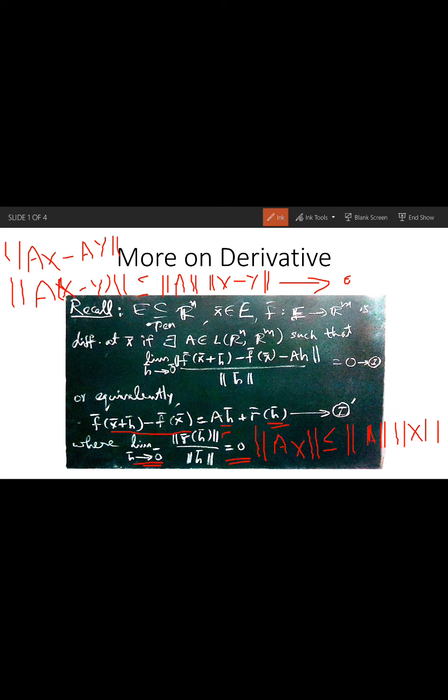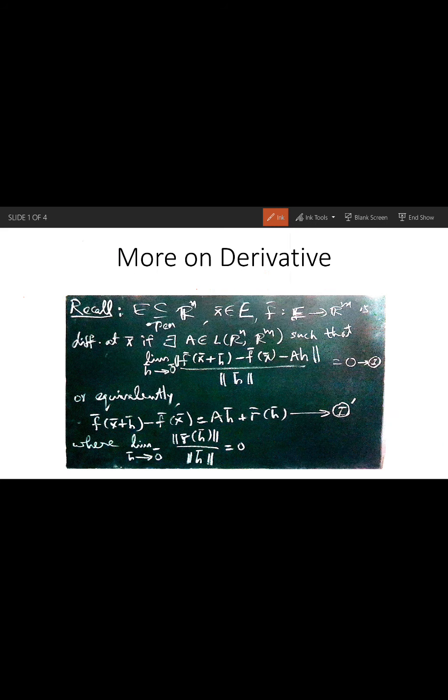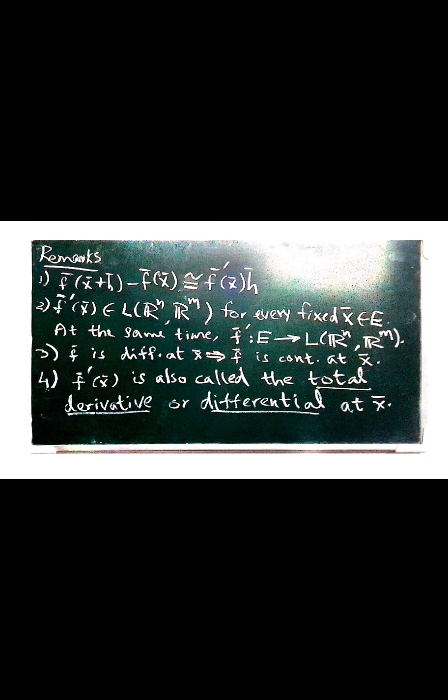That means the left side tends to 0, precisely saying f is continuous at x. So differentiability implies continuity. Hope you understood. So 3 says differentiability implies continuity.